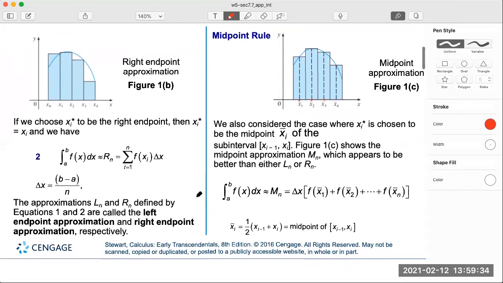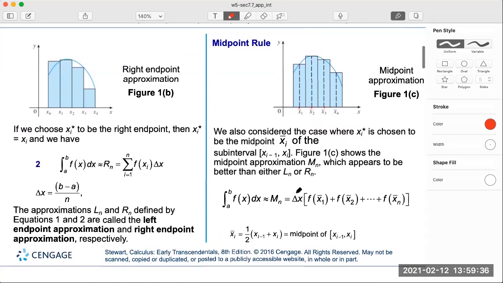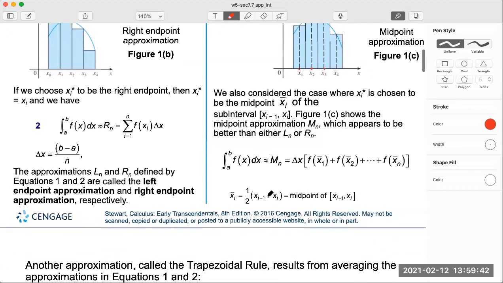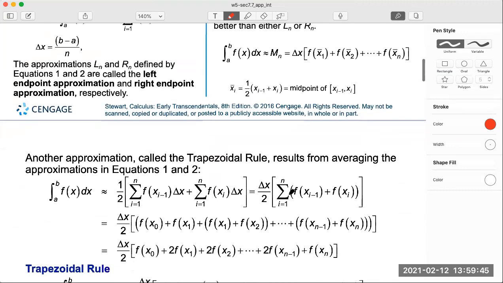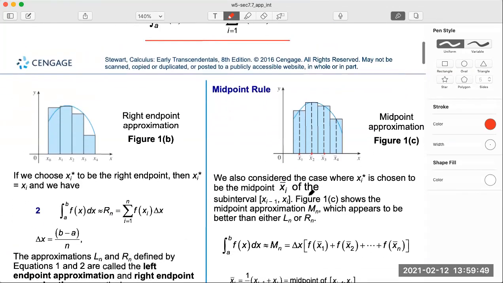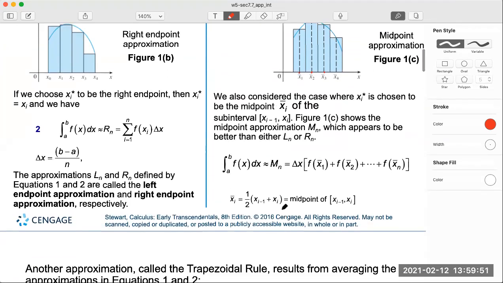The same story, delta x is (b minus a) over n. We call it the midpoint rule to approximate the result of this integral.